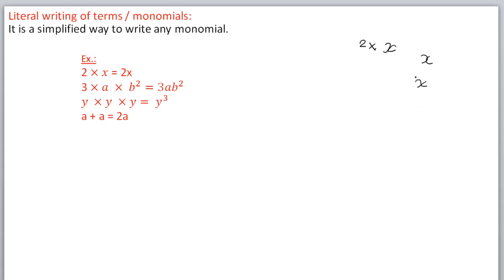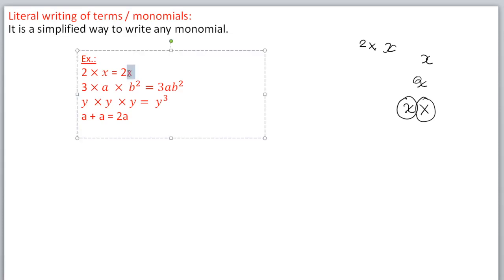So just keep this part rounded like this or curved in that way. Never write x like that. This is times and this is x, so you should differentiate. Now look at this here, times x. So 2 times x equal to x. Here also we should write it like this. Good.